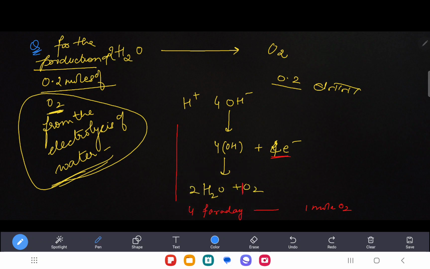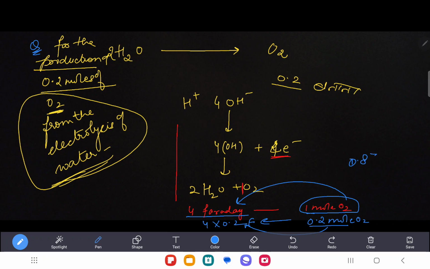तो डिवाइड करेंगे 0.2, करेक्ट, तो अपने को 1 मोल O2 के लिए 4 फैराडे चाहिए, सो 0.2 मोल O2 के लिए हमें क्या चाहिए 4 इंटू 0.2, क्या निकालना है फैराडे निकालना है, 1 मोल के लिए 4 फैराडे चाहिए, तो 0.2 मोल के लिए कितना चाहिए, तो 0.8 फैराडे चाहिए for the deposition of 0.2 mole O2.